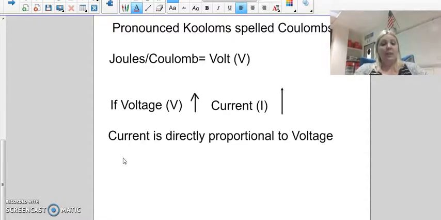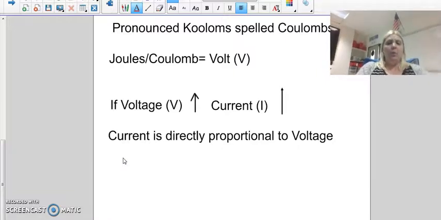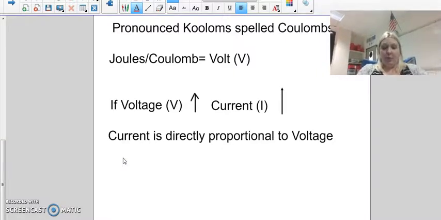We cannot just define current in terms of voltage. There has to be something else. But before we define current in terms of voltage, we need to figure out how to measure current.